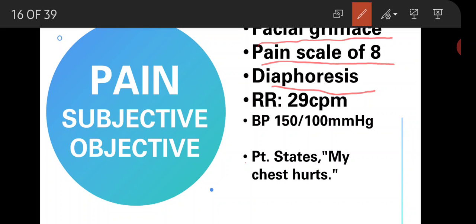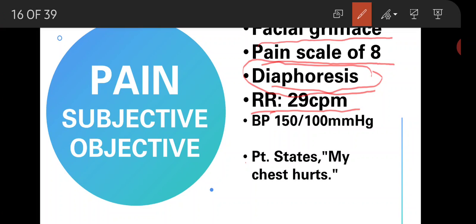Diaphoresis: of course, if an individual is suffering pain, a person would experience diaphoresis, or excessive sweating. And if you are in pain, then there will be tachypnea. In this case, the patient's respiratory rate is 29 cycles per minute, which is beyond the normal limit for an average adult, so the client is rapidly breathing.